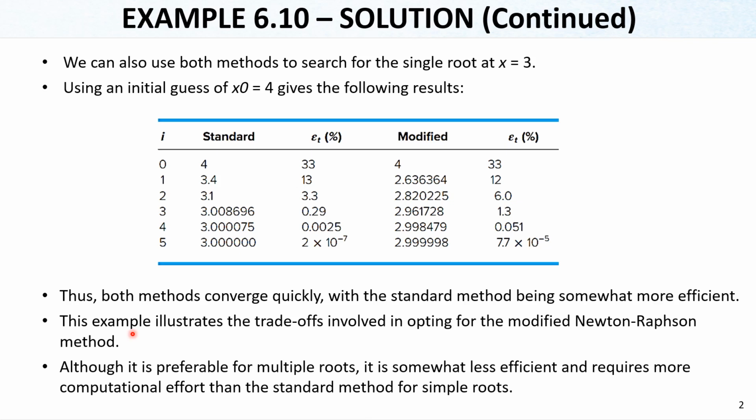And this example shows the trade-offs involved in opting for the modified Newton-Raphson method for determining a root. Although it is preferable for multiple roots, it is somewhat less efficient and requires more computational effort than the standard method for simple roots. So simple means single roots actually. If you know that there are single roots, then go with the standard. But if you know that there are multiple roots or there is a chance of having multiple roots, then go with the modified.